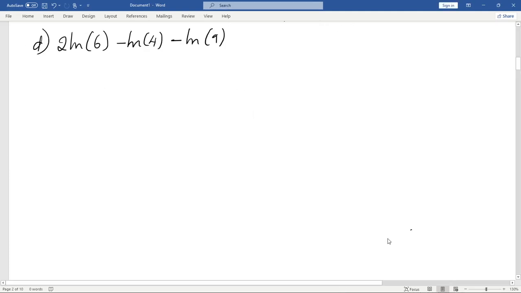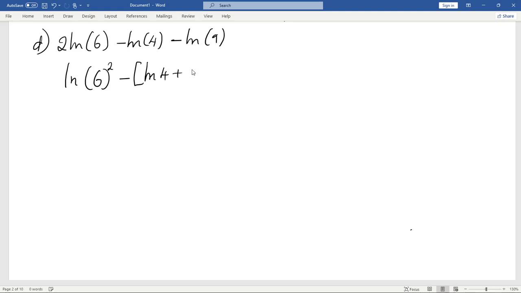Okay, so we need to evaluate this one as well. We can just first start by taking the power up. So we're going to have ln, open brackets, 6 to the power 2. Minus, if we factor out a negative on these two, we're going to say open brackets, ln 4 plus ln 9. Using the properties of logs, if two logs are being added, then the functions inside them are being multiplied.